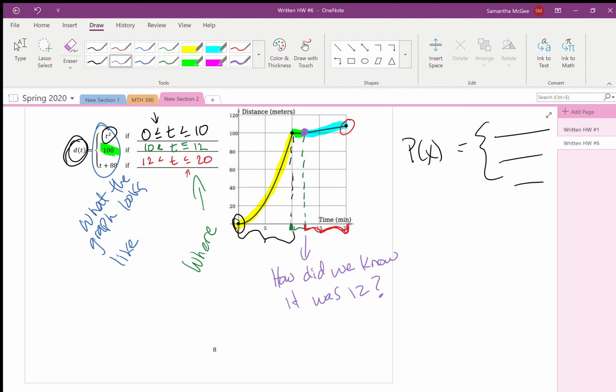So what that told me is that I needed to know when did the green piece, which was 100, equal the blue piece, which was t plus 88.